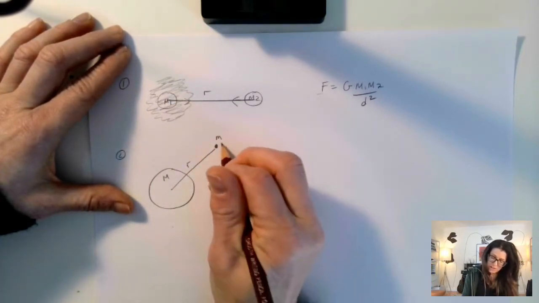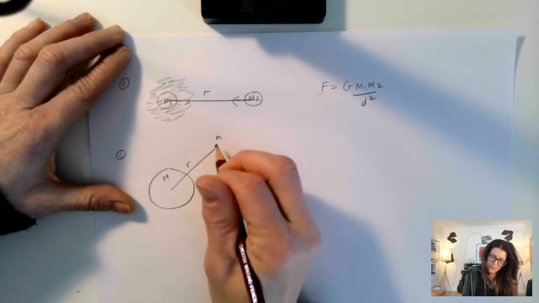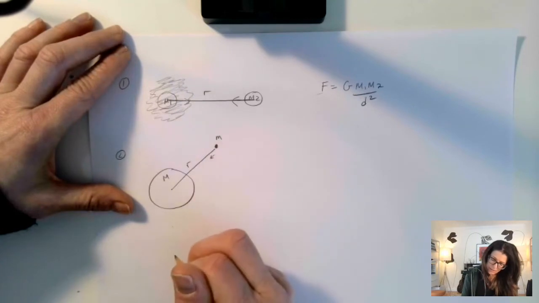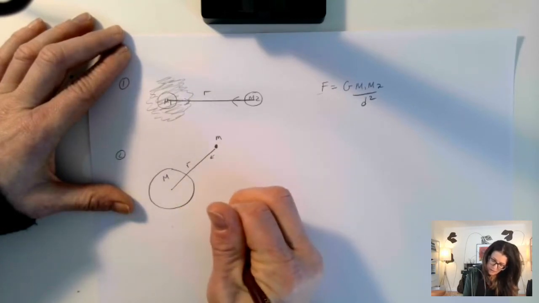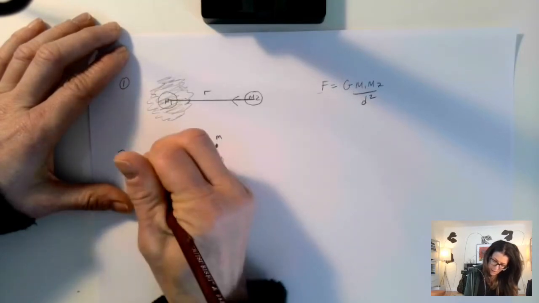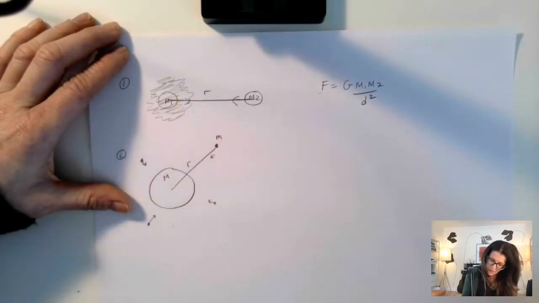That force on little m, the one I'm looking at, is always going to be directed towards the center of the object, no matter where it is. If it's over here, it's going to be directed that way. If it's over here, the force is that way.